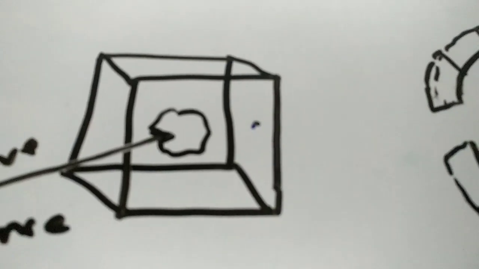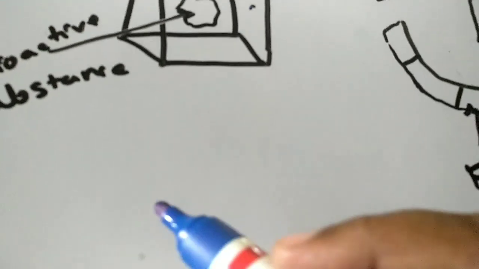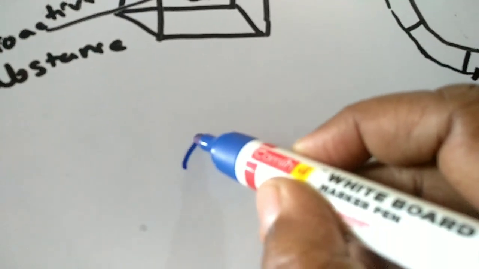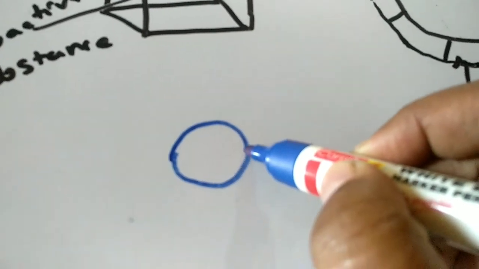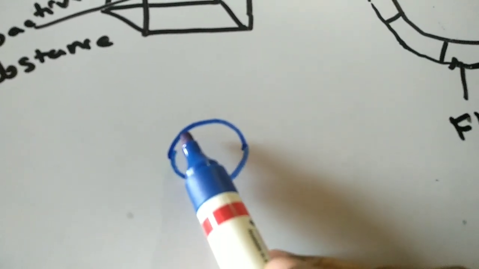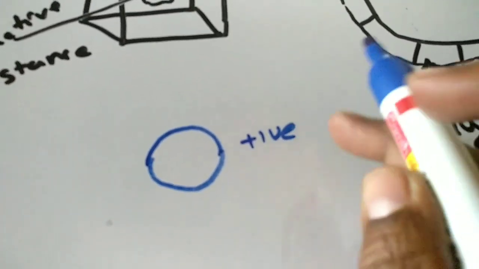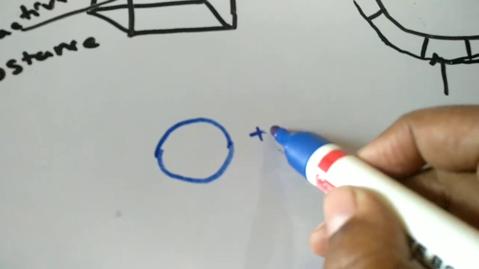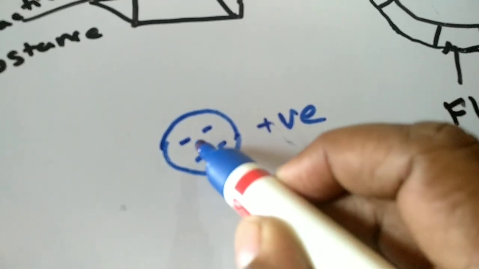Understood? Now what did Rutherford keep in mind? In his mind, he had a clear picture of the atom, based on the theory of J.J. Thomson. According to J.J. Thomson, an atom is full of positive charge in which negatively charged particles are embedded.